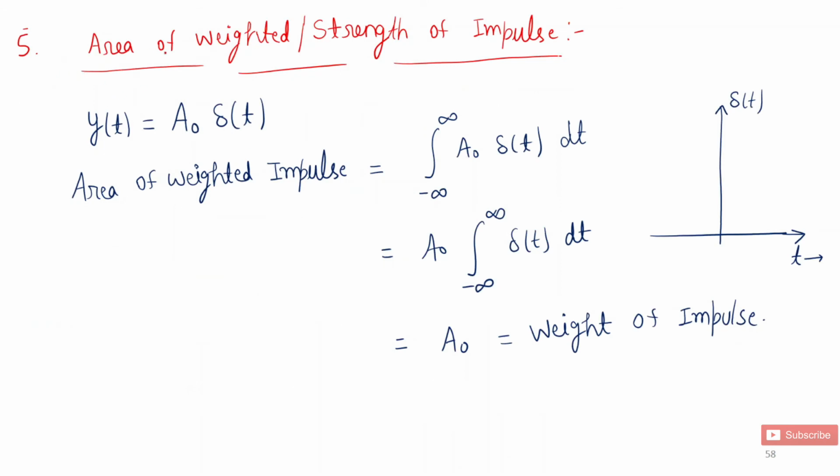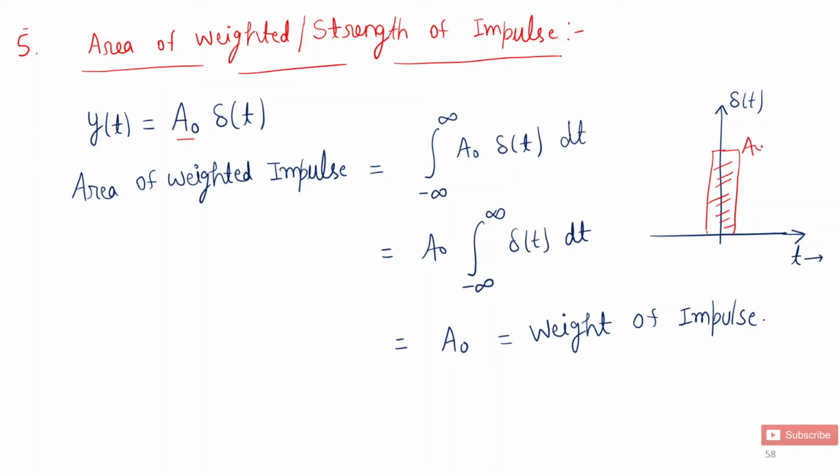Next property, area, weightage or strength of the impulse. For example, if this is not a unit impulse signal, sorry, unit signal, and some area or strength is given to you, for example y(t) equals a naught delta t. For the unit impulse signal a naught equals 1, but if the area is this, the area of this impulse, you can say the weightage or strength of the impulse.